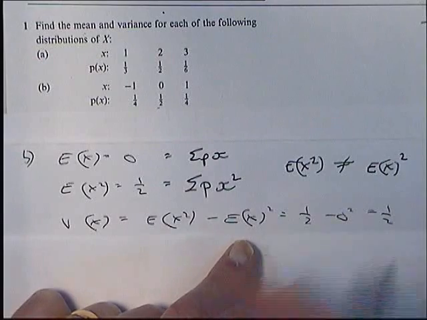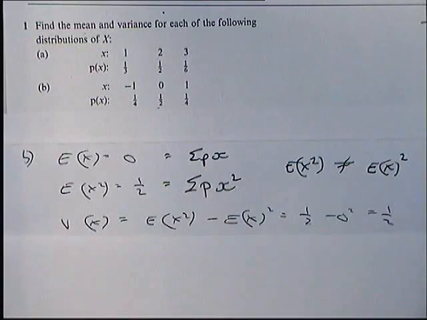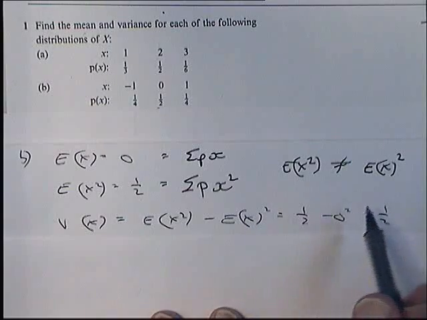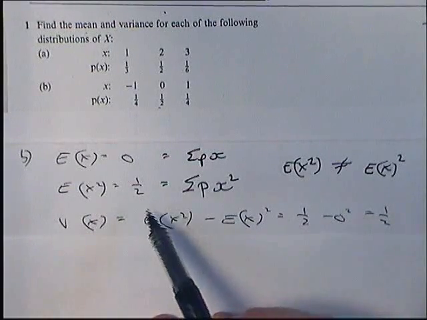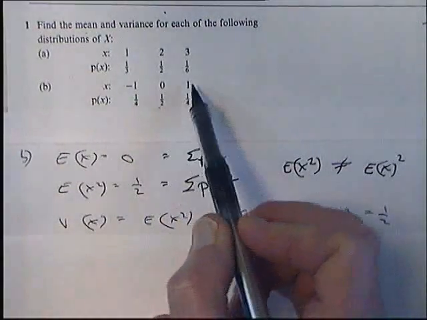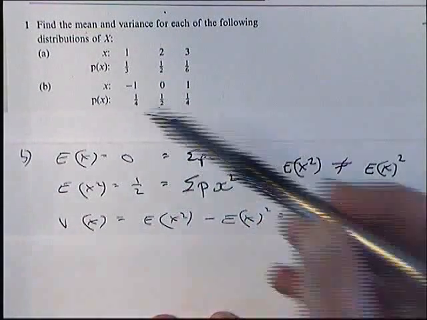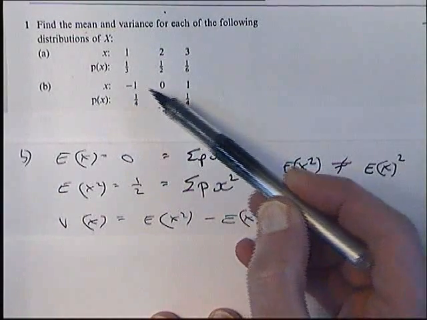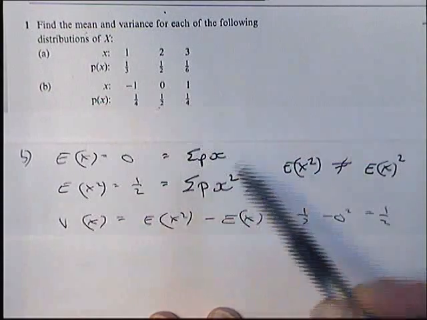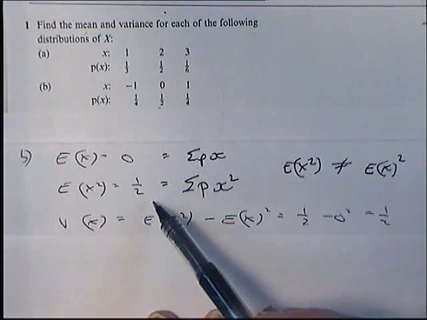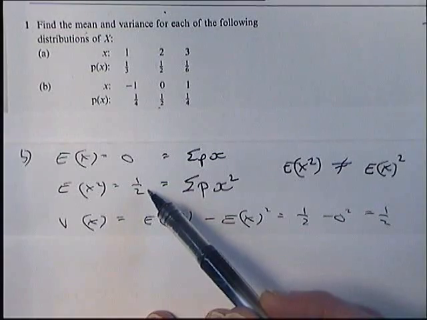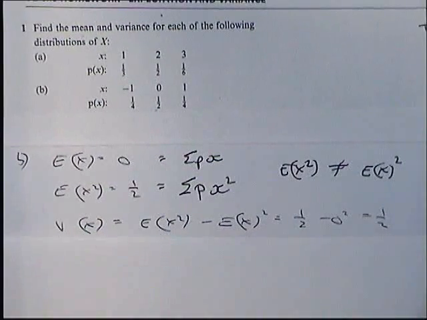Or if it is, it's a fluke just in that particular set of numbers. But generally, that is not true. So the expectation of x was that times that, that times that, that times that, added up. Expectation of x squared is that squared. Oh, okay, so that squared gives you a plus 1. So that's why they don't cancel out on that one. So it's this one here, take away that one squared.